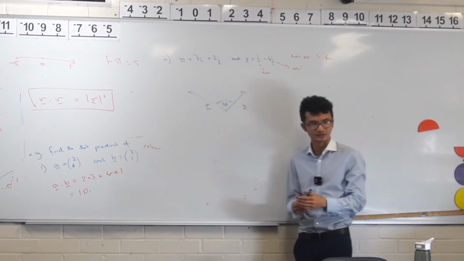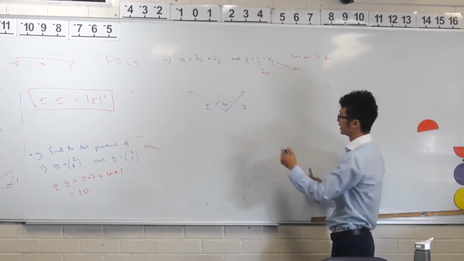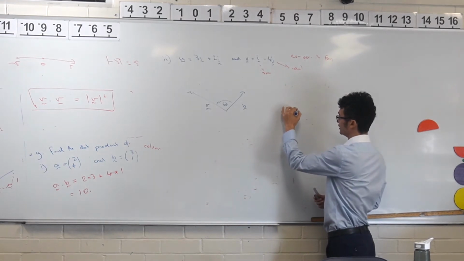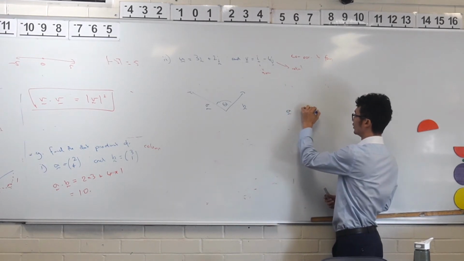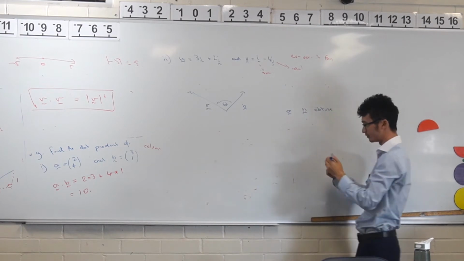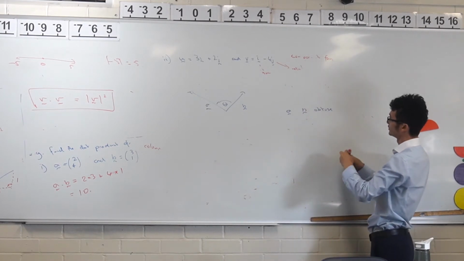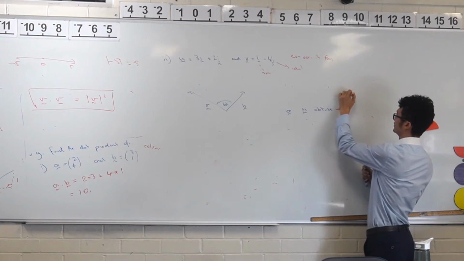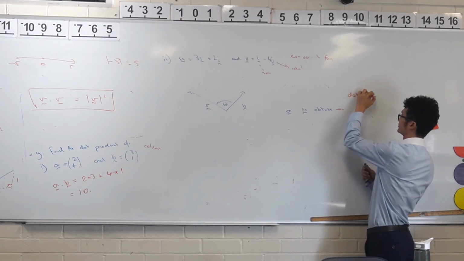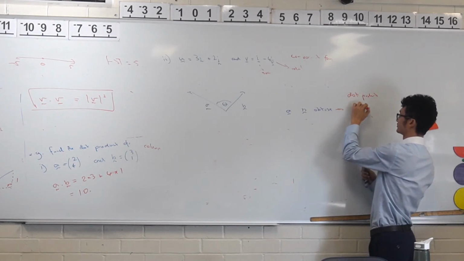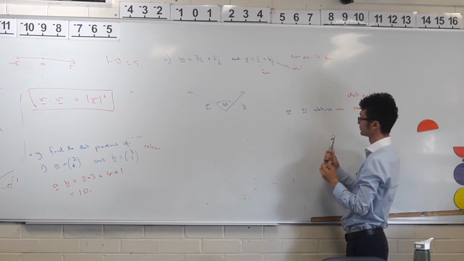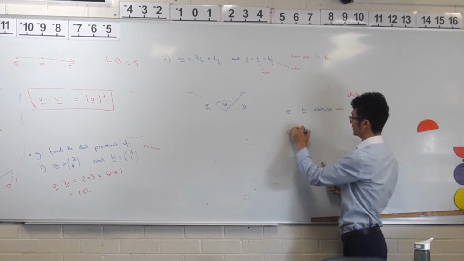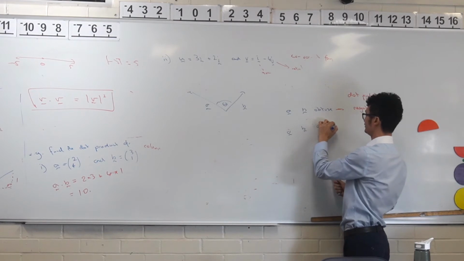Remember, we wanted this criteria. We wanted that basically if A and B were obtuse, what happens to the dot product? The dot product was negative, yep. And if A and B were acute, then it was positive.